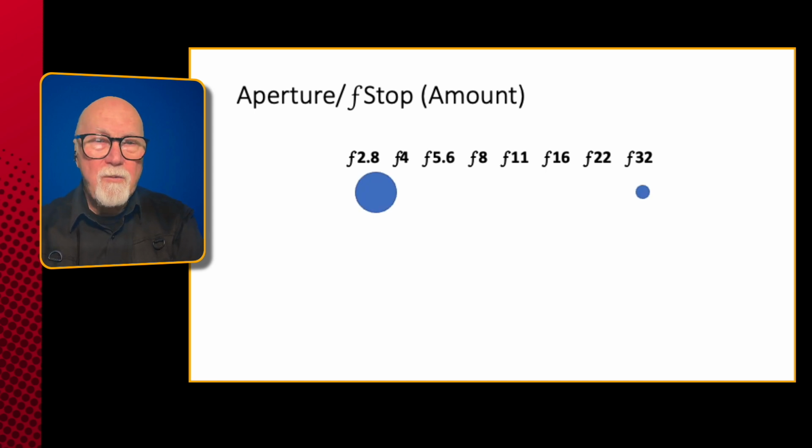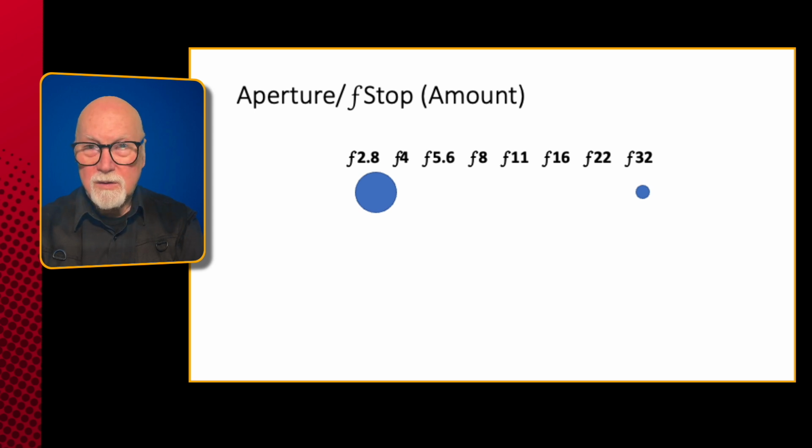Okay, f2.8, which is the smaller number, is the larger aperture, whereas f32, which is a larger number, represents the smaller aperture. In future classes, this will be made clear as to why this happens, but right now, it's sufficient for you to know that the aperture size is opposite to the numbering. So, large aperture opening with a small f-stop.